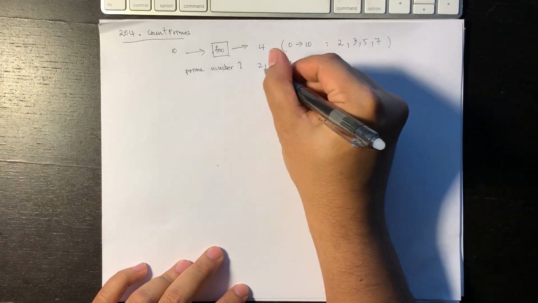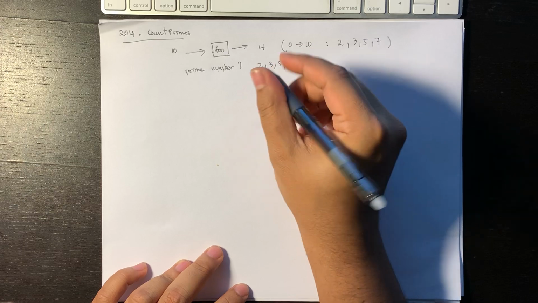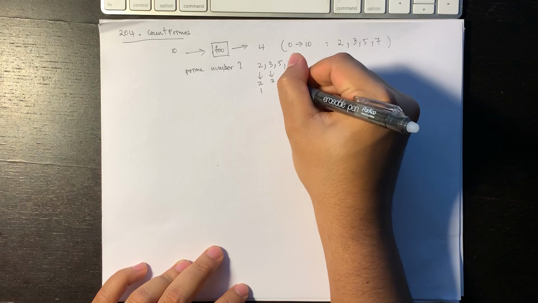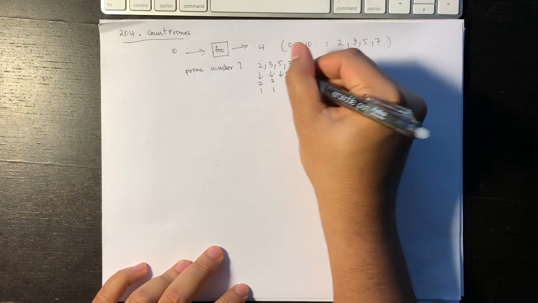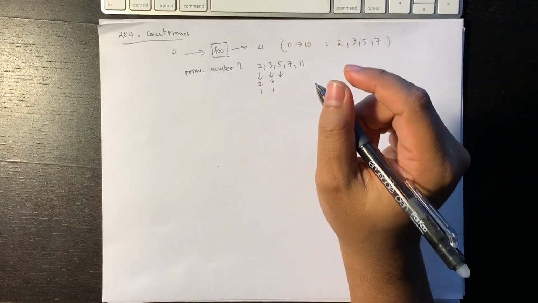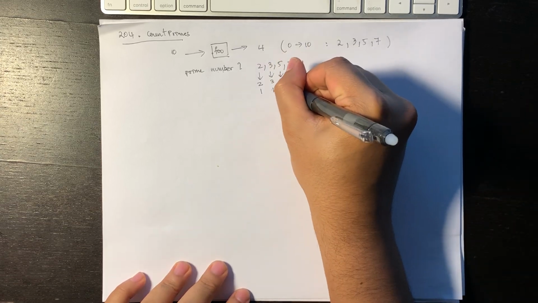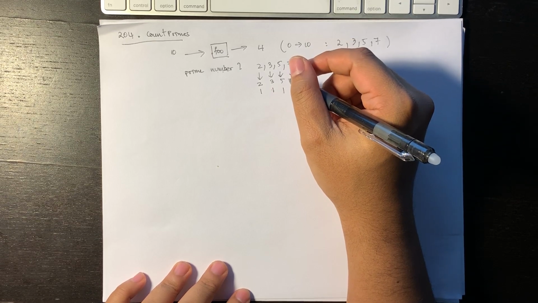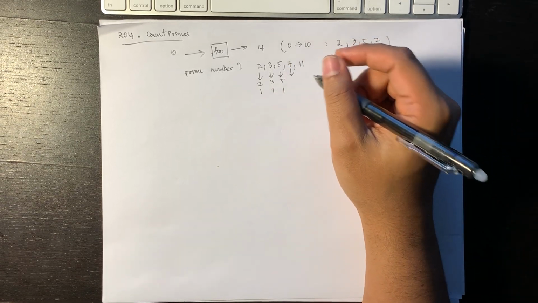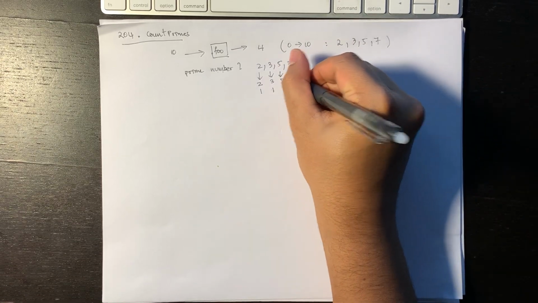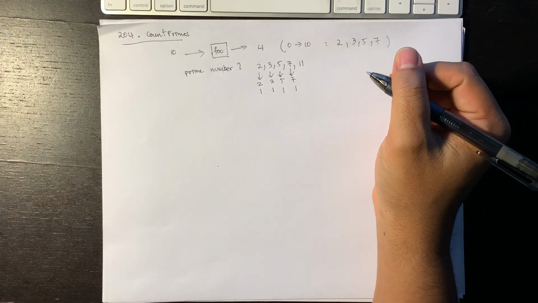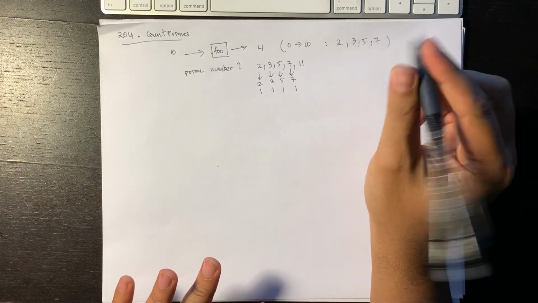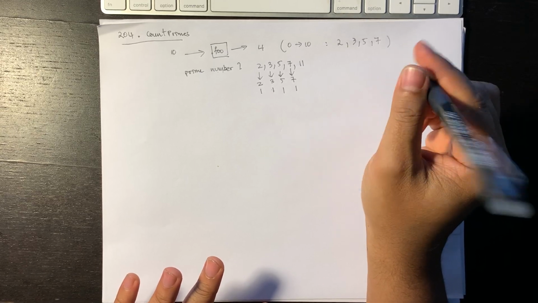For example, 2 can only be divided by 2 or 1, 3 can be divided by 3 or 1, 5 by 5 or 1, and 7 by 7 or 1. So how would you determine if a number is a prime number or not?